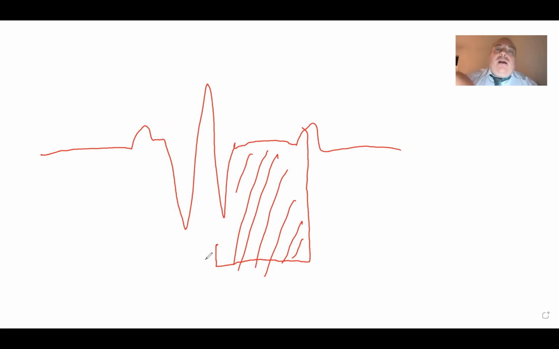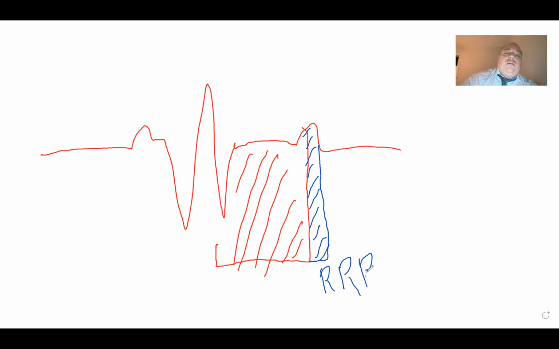Then you have a little tiny window here from about the middle of the T wave, maybe the first third of the T wave, right? And this is called the relative refractory period. So this is relative refractory period. This is absolute refractory period, okay?